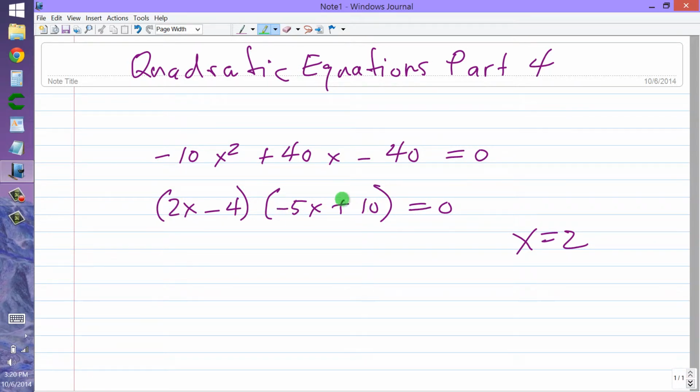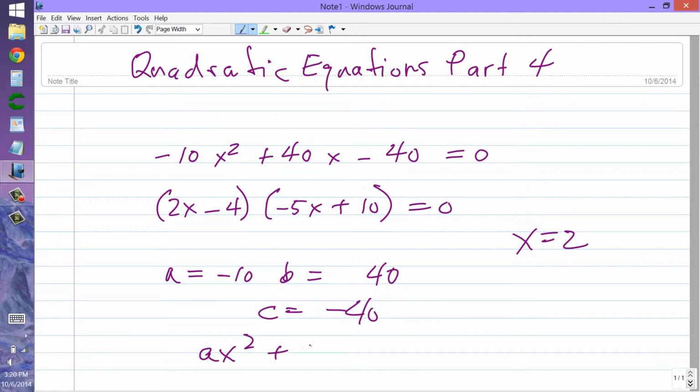And we went ahead and multiplied that out, and we got this quadratic equation where a equals minus 10, b equals plus 40, or just 40, and c equals minus 40 in the general form ax squared plus bx plus c equals 0.